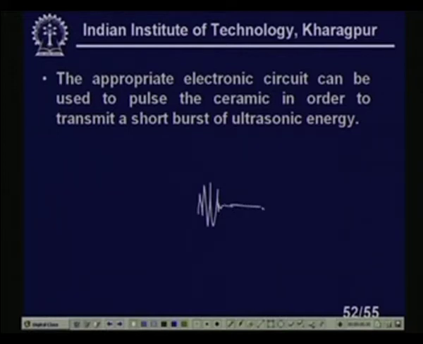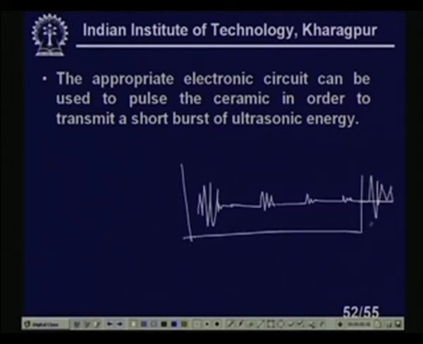Then it is getting reflected with lower magnitude. Again I will transmit. So this is a short burst of signals, is it not? It is not a continuous signal. If you transmit a continuous signal, nowhere can you make the measurement. Clear?